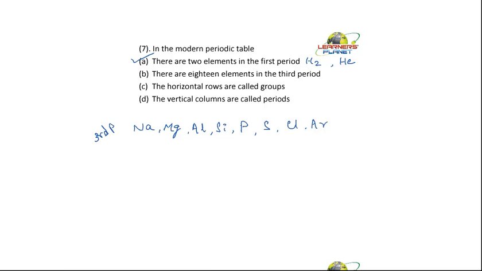So how many elements are there in the third period? 1, 2, 3, 4, 5, 6, 7 and 8. So is this option correct? No, it is wrong. Now let's move to the third option, that the horizontal rows are called groups. Are they? No, the horizontal rows are called periods.